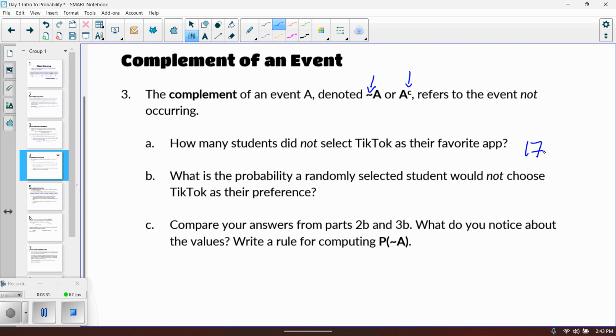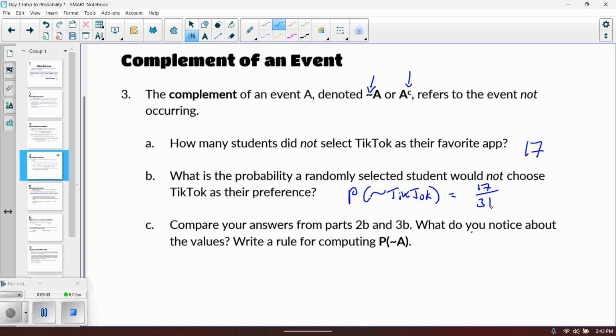And that would be that little tilde A, or A with the c raised as an exponent. So what is the probability a randomly selected student would not choose TikTok as their preference? Well, how would you do that? You would do it as the probability of not TikTok. And of course, that would be everybody that's left, which is 17 out of the total people that were surveyed, which is 31.